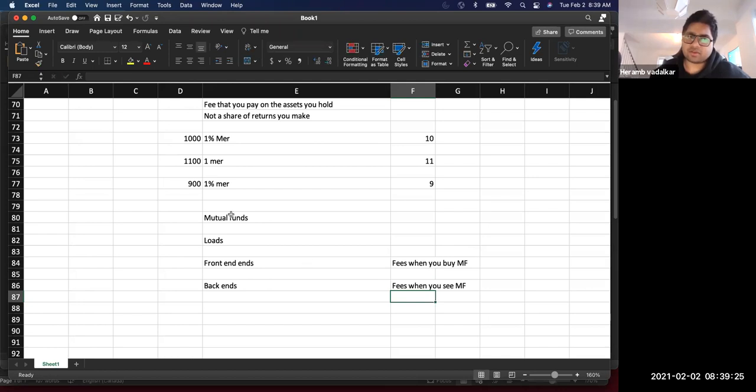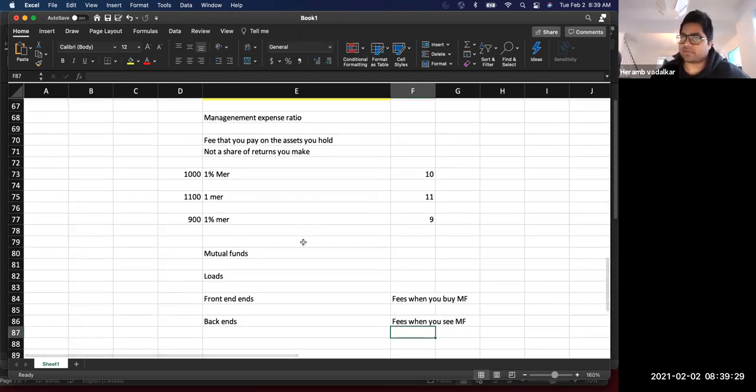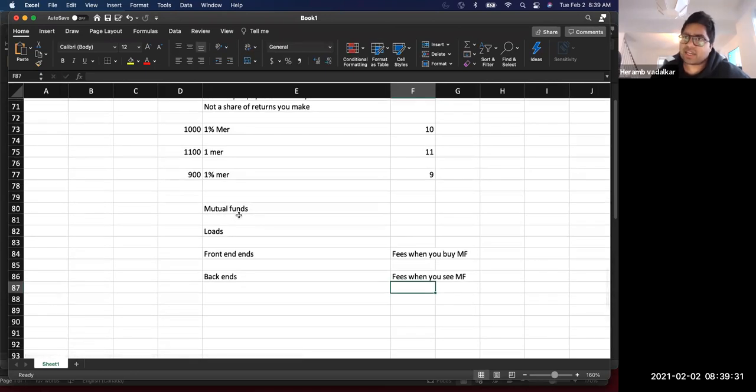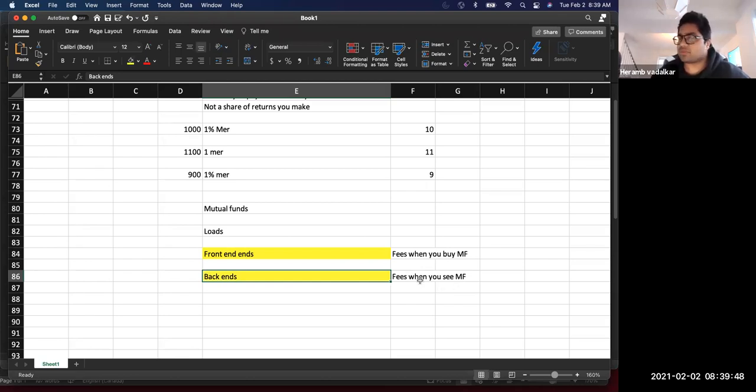So mutual funds can charge additional fees. ETFs generally do not have loads, but mutual funds can charge additional fees along with MER. They generally charge front end loads, fees that you pay when you buy a mutual fund, and they also charge back end loads, fees that you pay when you sell a mutual fund.